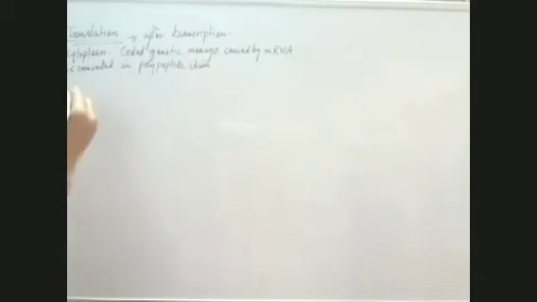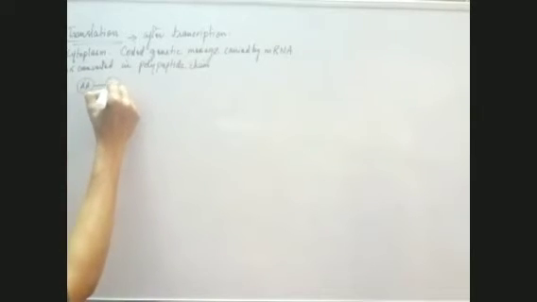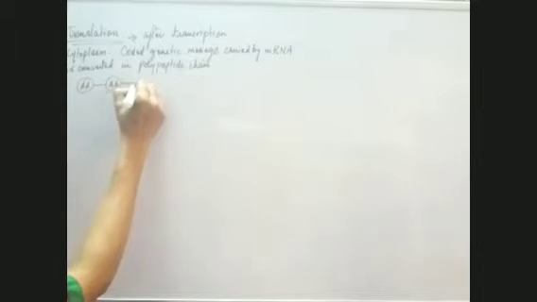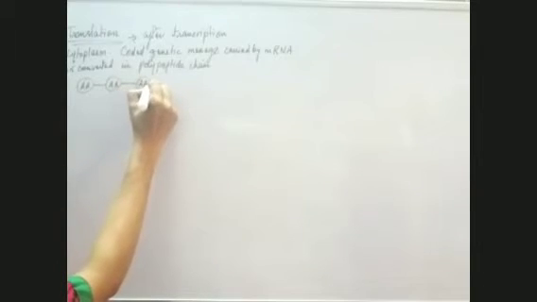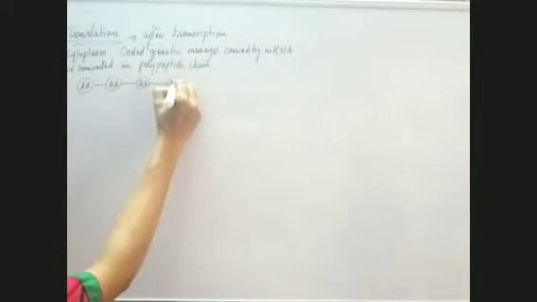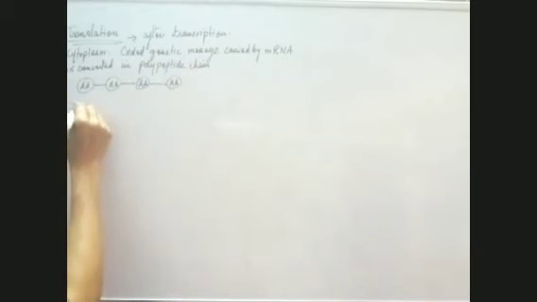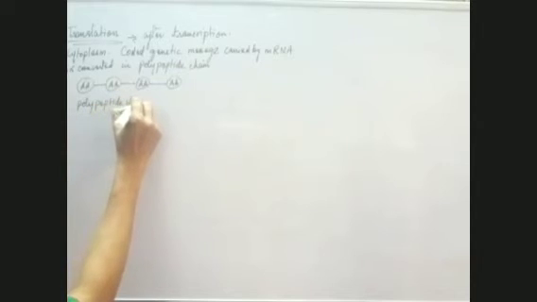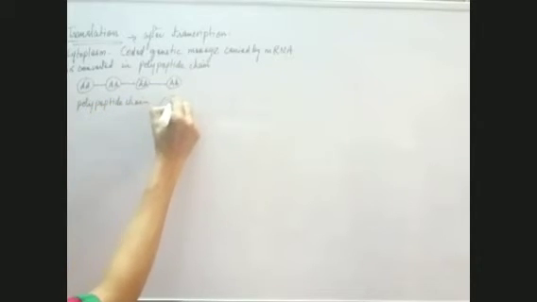What is a polypeptide chain? One amino acid connected with another amino acid, connected with another amino acid. This is one polypeptide chain, or we can also say it is a protein molecule.